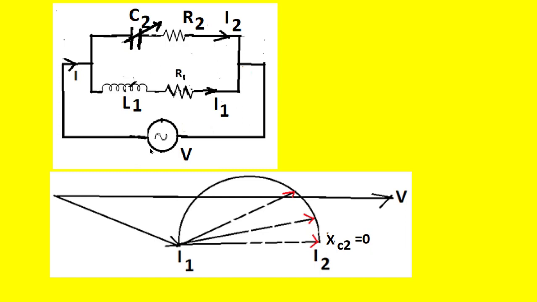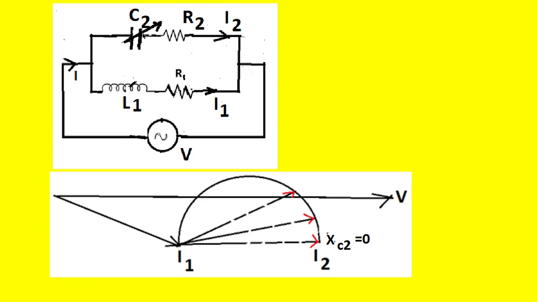So if you look at this, we have the fixed branch current, that is I1, and it is an RL circuit, so the current lags the voltage by some angle like this. We call that I1. Whereas we have the I2 branch, where the capacitor is variable. In an RC circuit, the current leads the voltage by some angle. So whenever we have the variable capacitor, the current locus for I2 will be a semicircle.